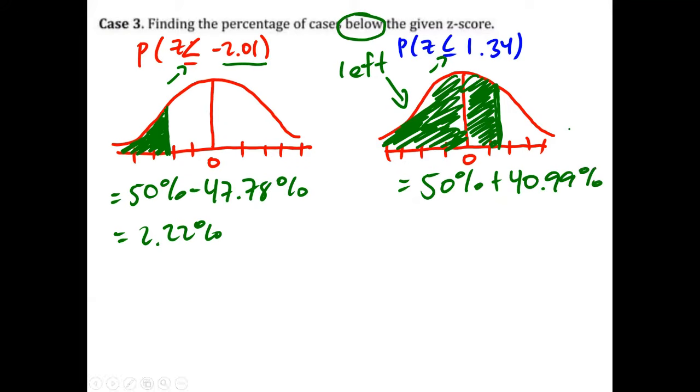Okay, paki-check ko 40.99. So 50% plus 40.99 is 90.99%. Yung na-shaded natin ay 90.99%. And that's case number 3.